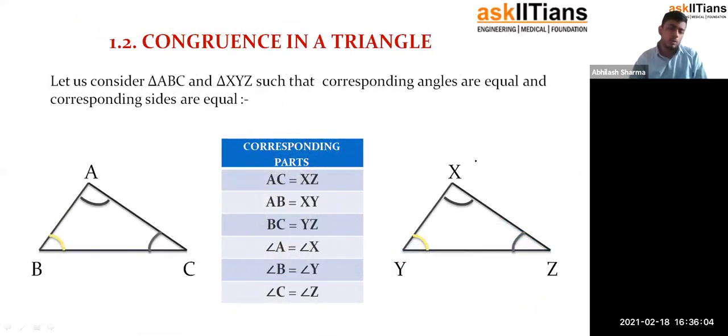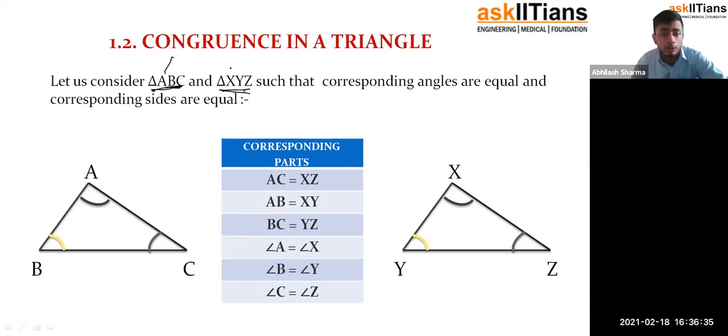Congruence in a triangle. Now, let us understand that if we consider two triangles ABC and XYZ such that their corresponding angles are equal and corresponding sides are equal. So first understand that if there is a triangle whose name I have called ABC and another triangle whose name I have called XYZ, then corresponding points will be automatically defined.